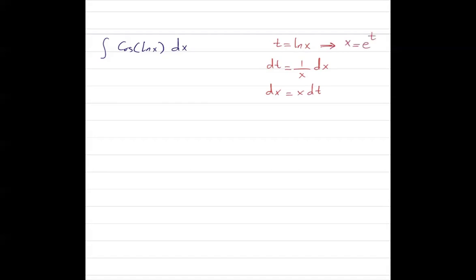So we can write everything in terms of t. So I'm rewriting this integral as the integral of cosine of t, and for dx, I'm using x dt, but x is equal to e to power t. So you end up with e to power t dt.